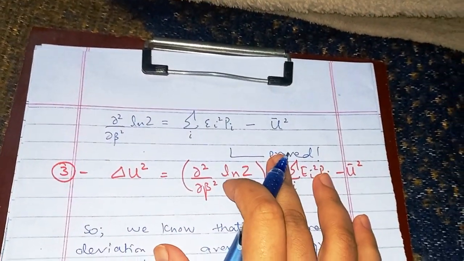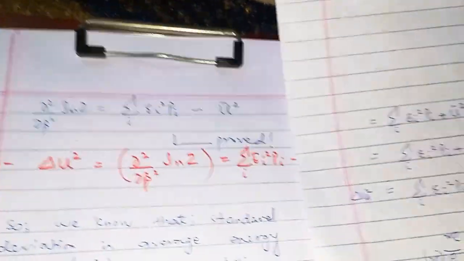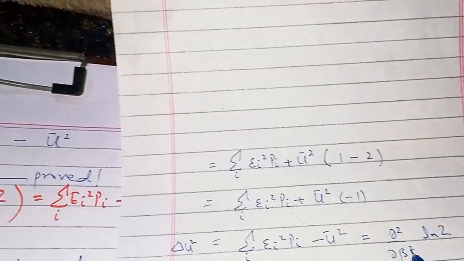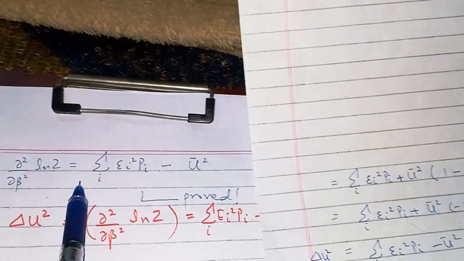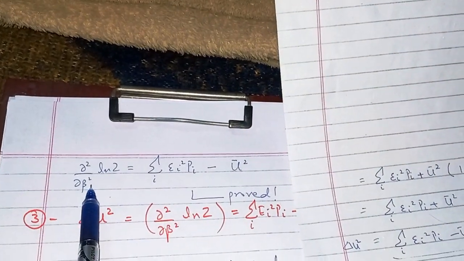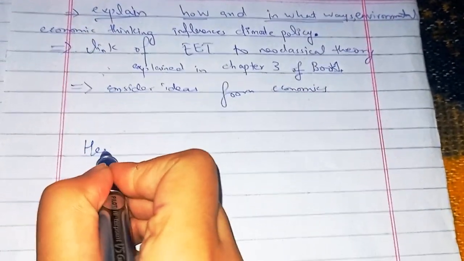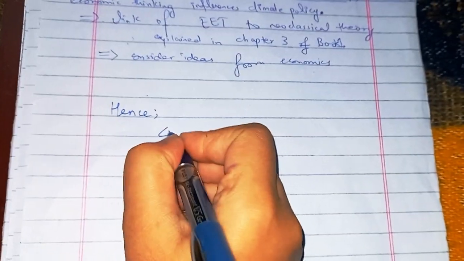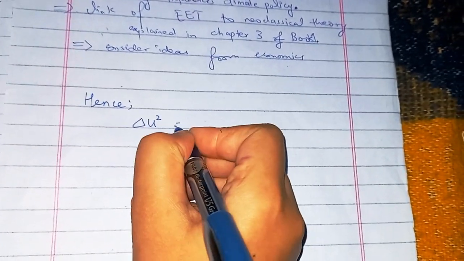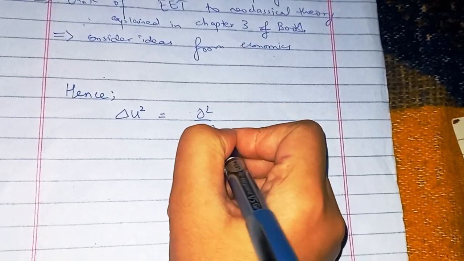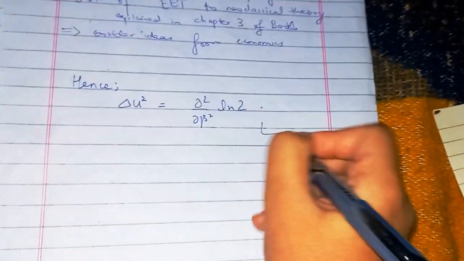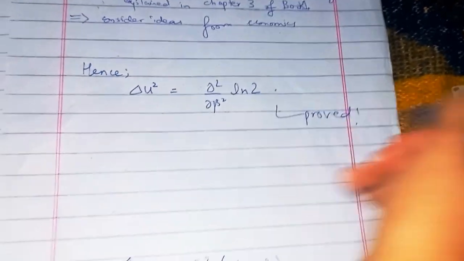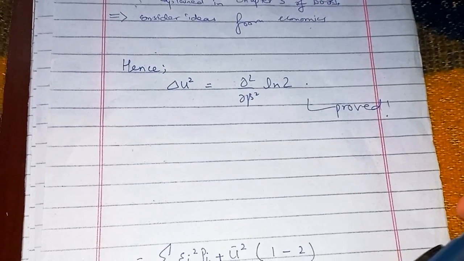You can see here that we got the same result for standard deviation as we got for the second derivative. So we have proved here, hence, that the standard deviation in energy equals partial square by partial beta square of natural log of z. That is proved. I hope you understood it.